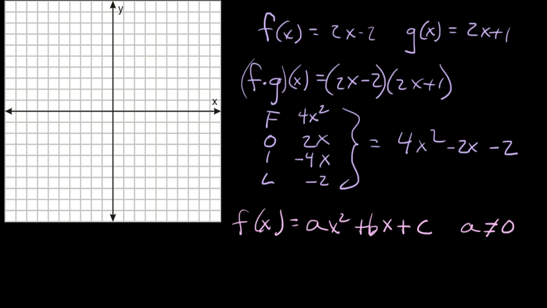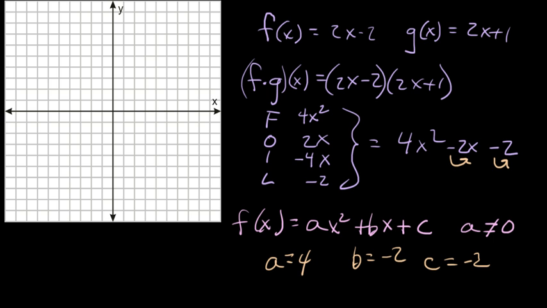And in the one above, you probably noticed that a is equal to 4, b is equal to negative 2, c equals negative 2. Notice the negative sign sticks with whatever follows it. Get in the habit of making that negative sign stick to the thing that follows it, okay? And that'll save you a lot of grief.